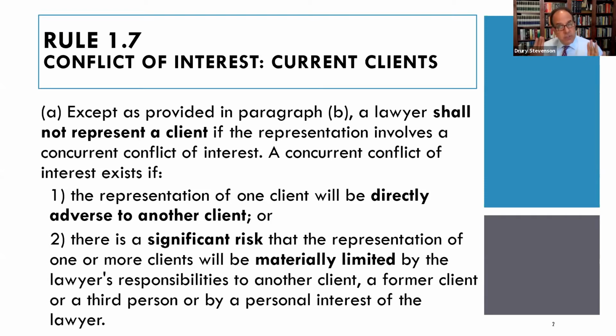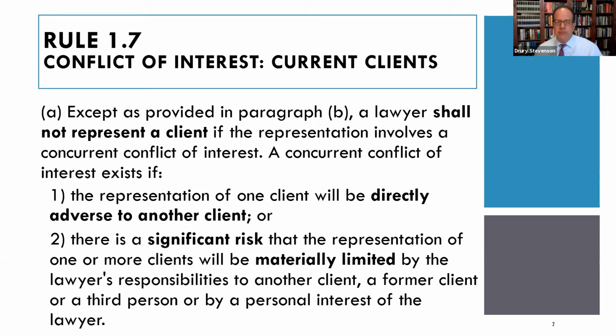We're also not usually talking about the conflict between the lawyer, like the lawyer owning stock in a company or something. That can come under 1.7, but a lot of your personal conflicts of interest or vested interests of the lawyer are going to be covered under another rule, 1.8. Here we're talking about client A and client B, who you are representing both of right now, or you want to represent both of them right now, and they are in conflict.